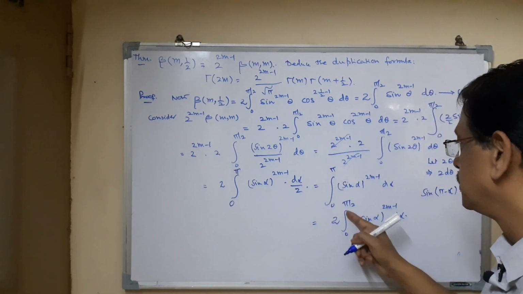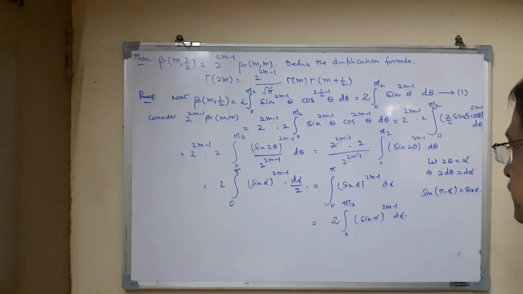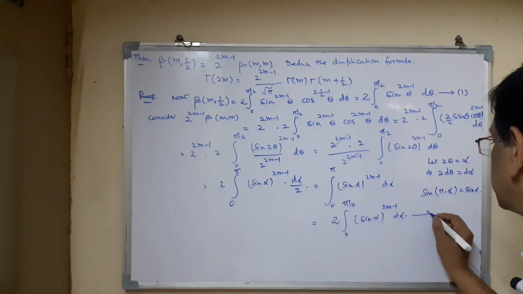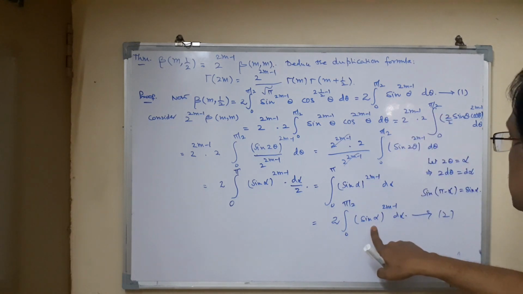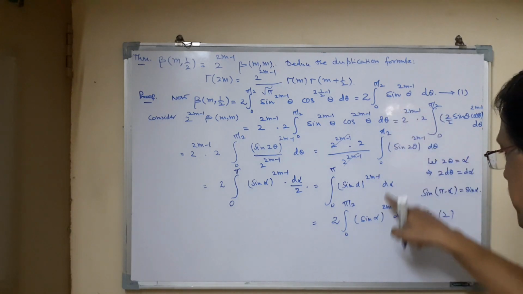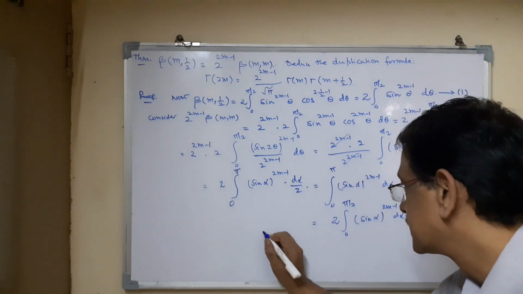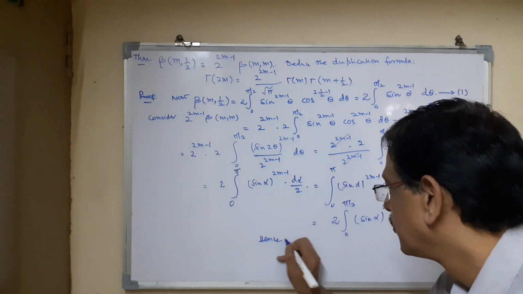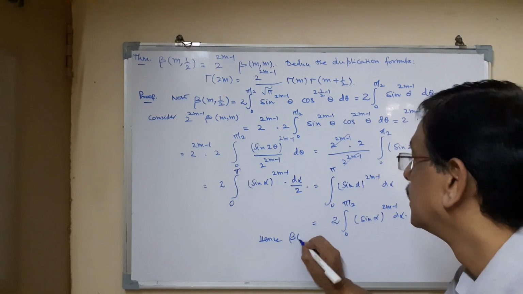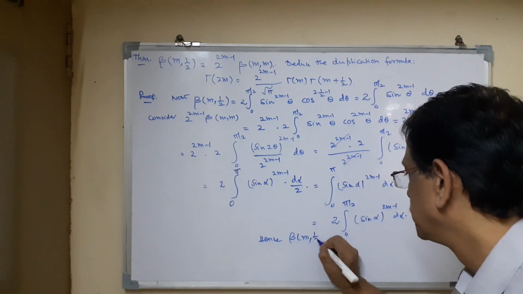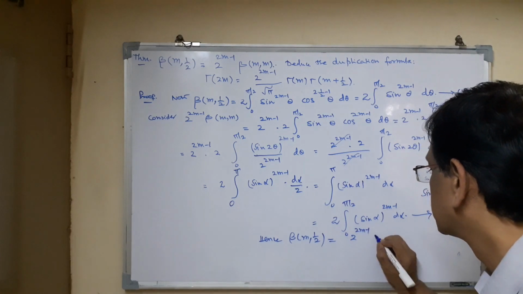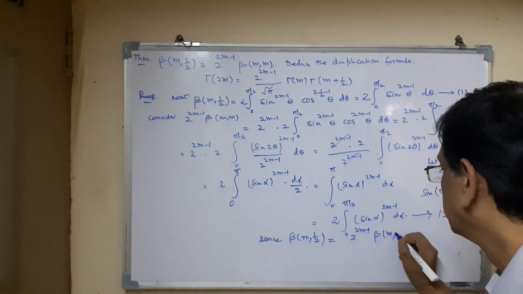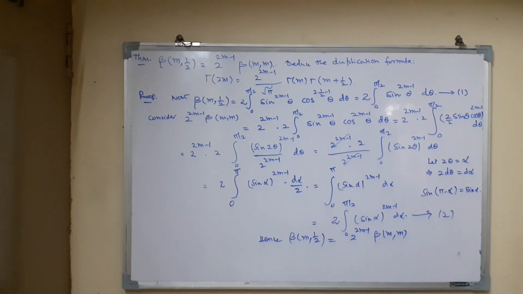So twice 0 to pi by 2. Now look at this, call this as 2. Look at 1 and look at 2. RHS of 1 and RHS of 2 are the same. Hence, beta of m comma 1 by 2 is equal to 2 power 2m minus 1 beta m comma m. That is the main theorem.